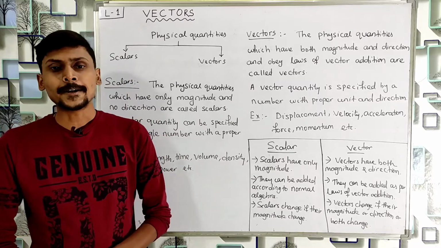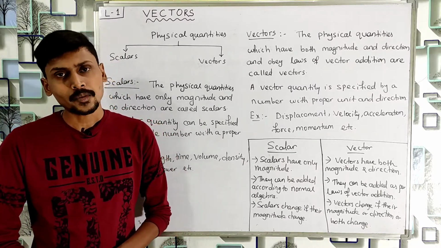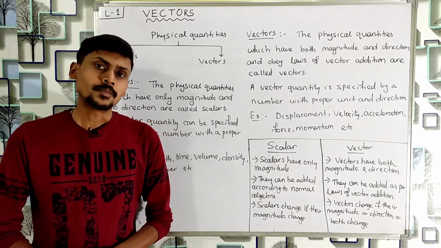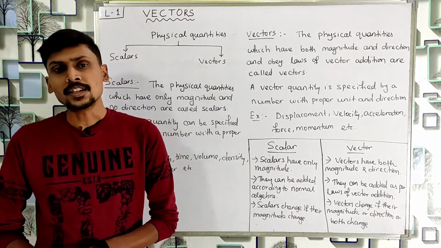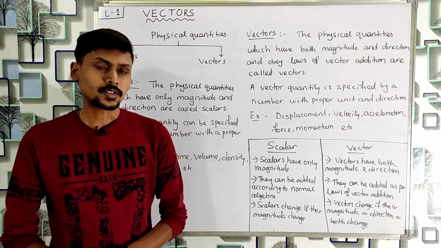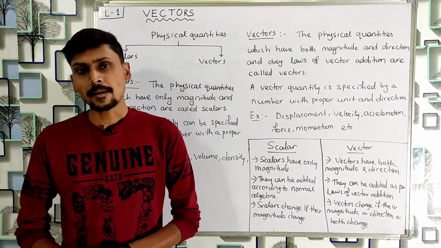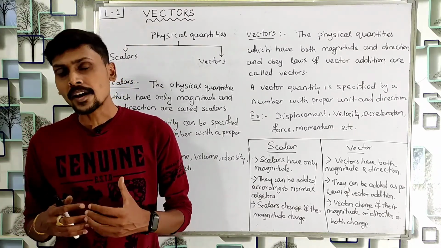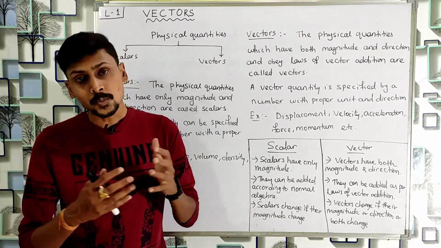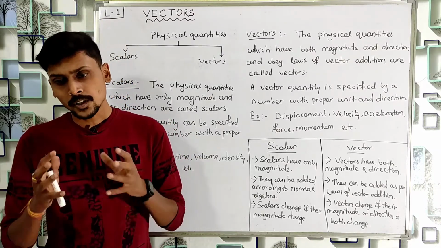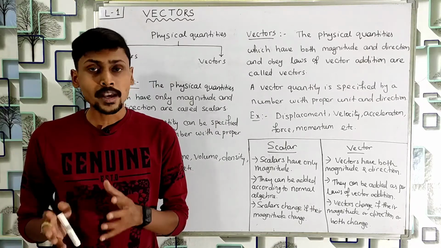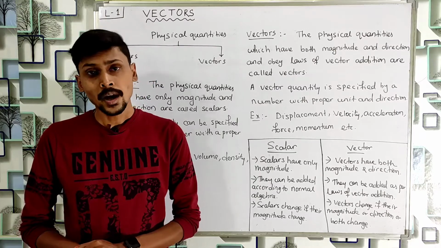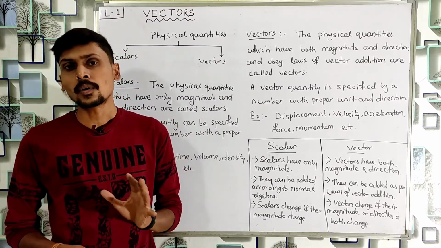So students, in the chapter units and measurement we had discussed that based on the origin, the physical quantities can be classified into two categories: fundamental quantity and derived quantity. The quantities which don't take the help of other quantities to express themselves, or the physical quantities which are self-expressible, are known as fundamental quantities. And we have total 7 fundamental quantities.